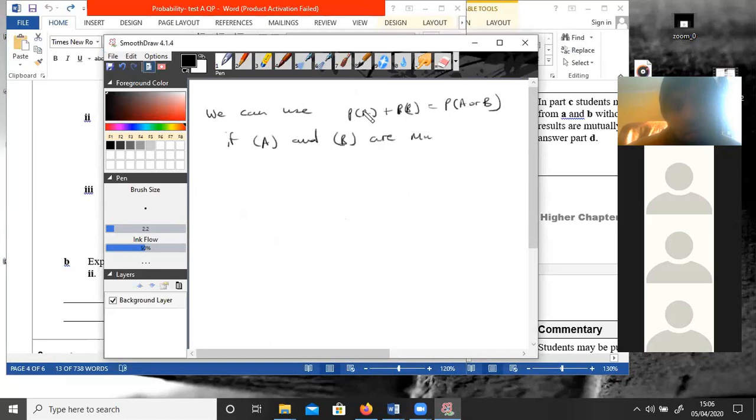You can add probabilities when the two things that you're adding are mutually exclusive. When they're not, you have to think about it a bit more. That's all it is.